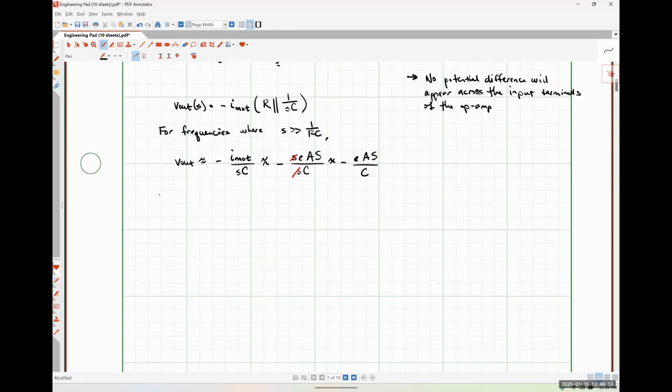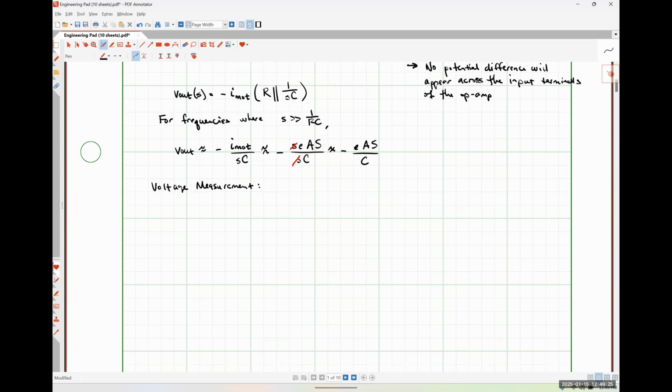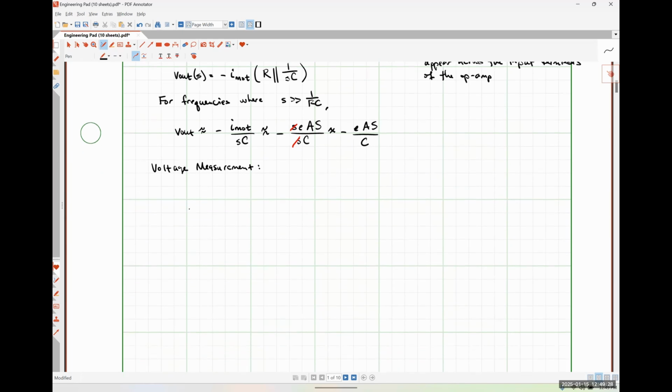Another scheme that is commonly used is a voltage measurement scheme. And so for this particular scheme, we might have a situation that looks something like this. So here's our piezo element yet again. I'm going to ground this side.